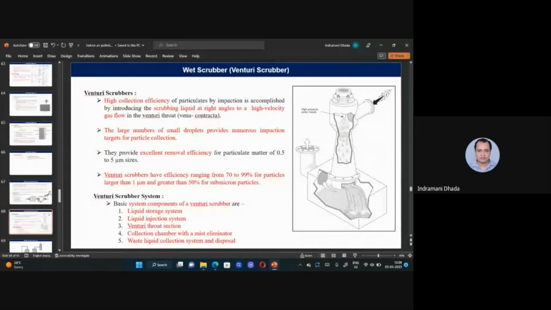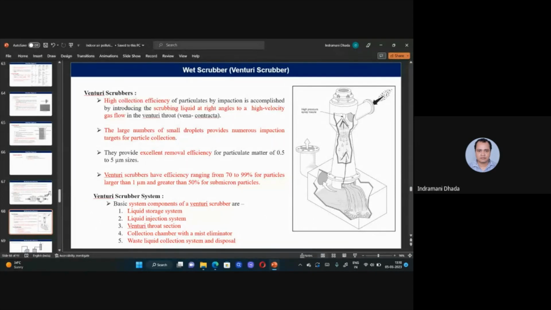Like here you can see, these are the nozzles which are spraying the liquids, and from the bottom the gases are being passed. Or sometimes we can pass the gases from the top also, and the liquid can spread from the side walls also.